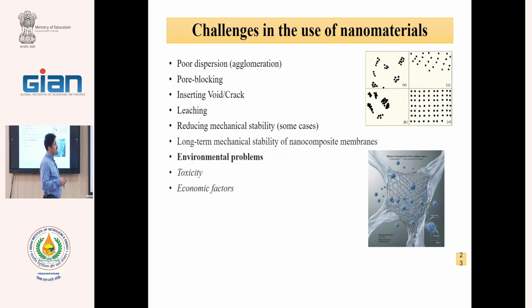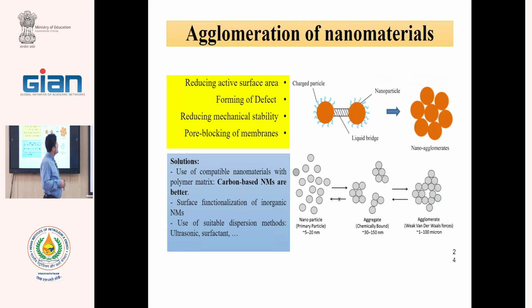There are some environmental and health problems with some nanomaterials, and this leaching into the water may cause environmental problems. Some nanomaterials can be toxic and we cannot use them. Most nanomaterials are prepared from heavy metals, zinc, nickel, cobalt, and they can be toxic.